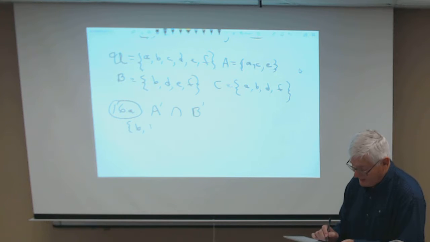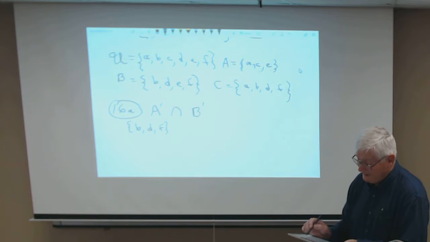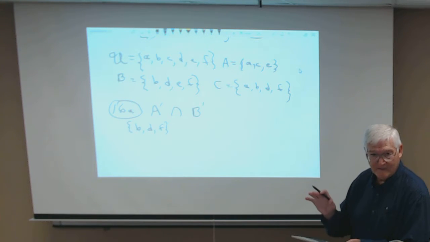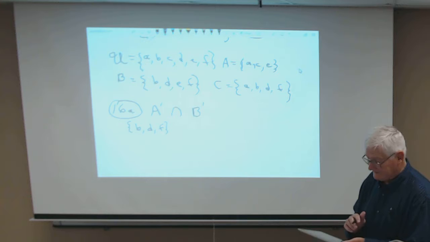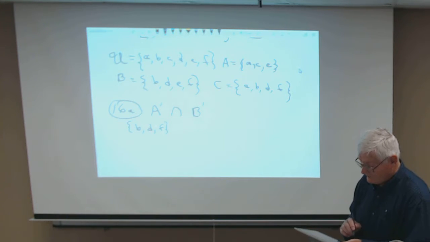No, so that's part of the complement. Is E in A? Yes. So I don't put it there. Is F in A? No. So F. So the complement of A is everything in the universe that's not in A. So I take out A, C, E, and it leaves me with B, D, F. You follow the thinking? Good.